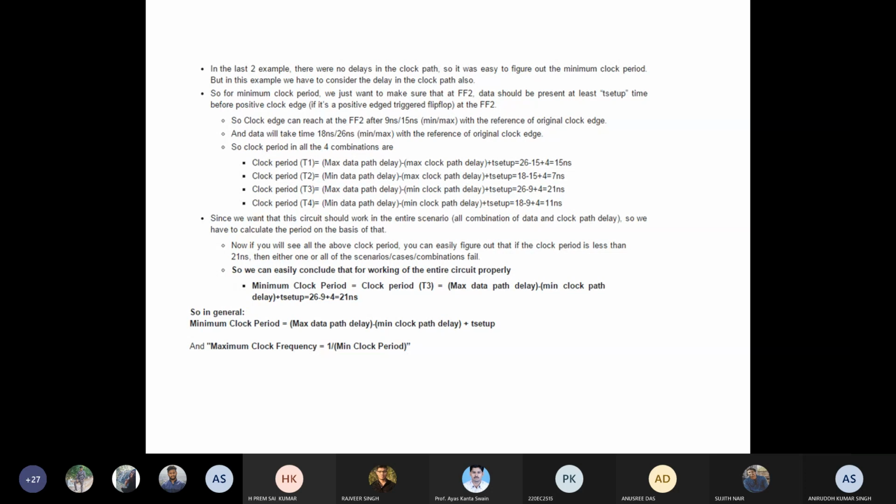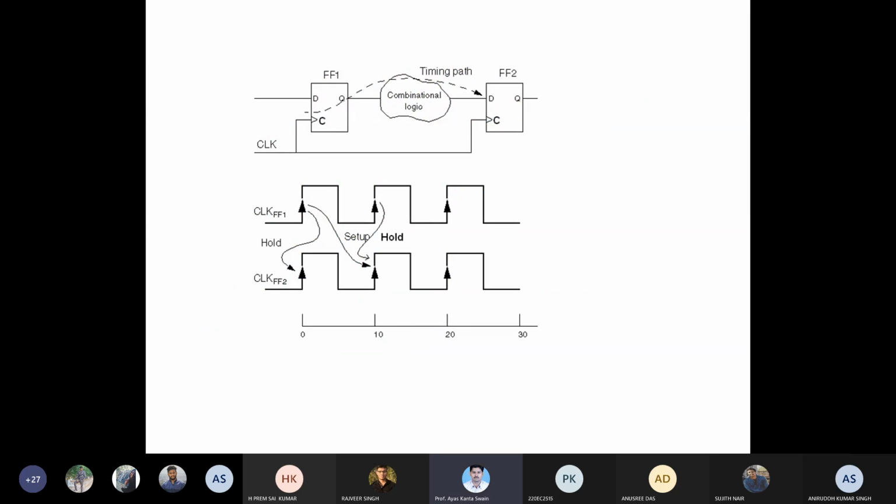Okay. Now we'll get back to our main topic, which is finding out the setup violation and hold violation, and we are discussing static timing analysis. We discussed yesterday that this is a bit different from dynamic timing analysis. Dynamic timing analysis checks the correctness of the functionality, but static timing analysis doesn't check the functionality of the design.